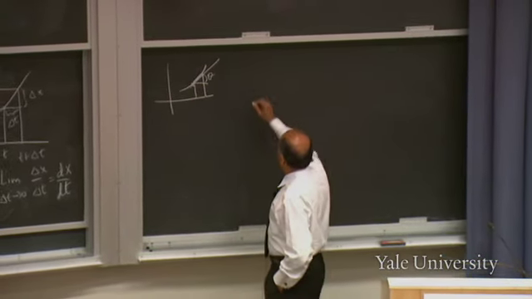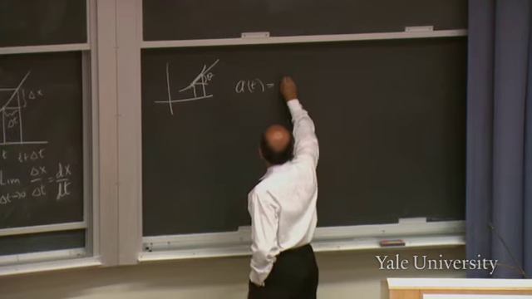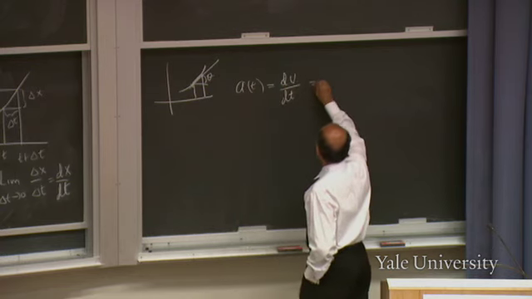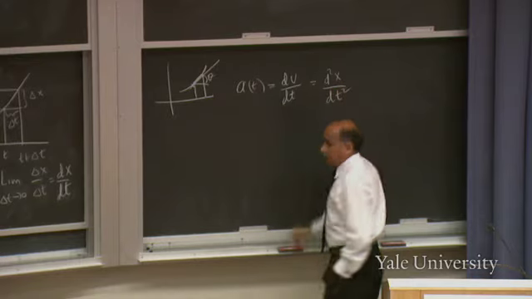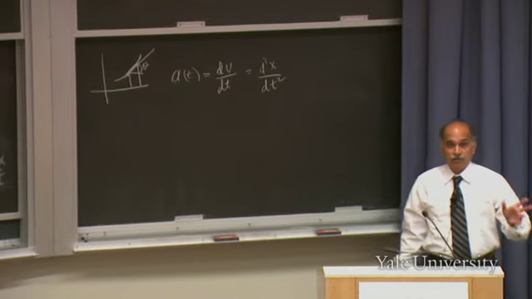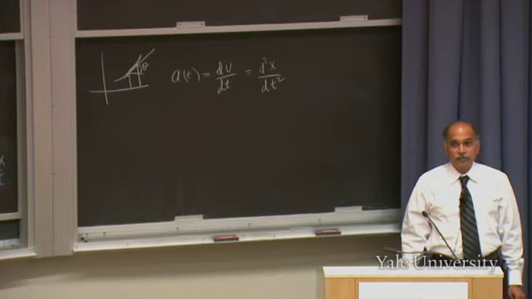Okay, once you can take one derivative, you can take any number of derivatives, and the derivative of the velocity is called the acceleration, and we write it as the second derivative of position. I'm hoping you are comfortable with the notion of taking one or two or any number of derivatives.